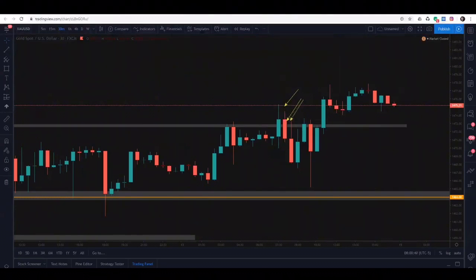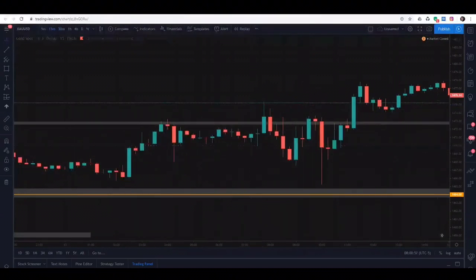Now if you look at the same thing on the 15-minute, let me just go to the 15-minute here real quick. Even though this candle broke out, this broke back in, this closed bearish, the next one broke the high of the previous one.